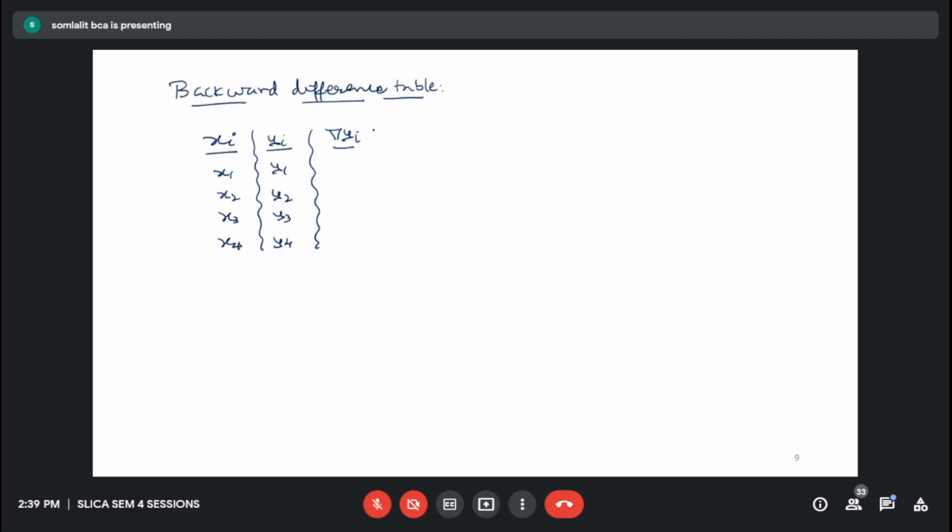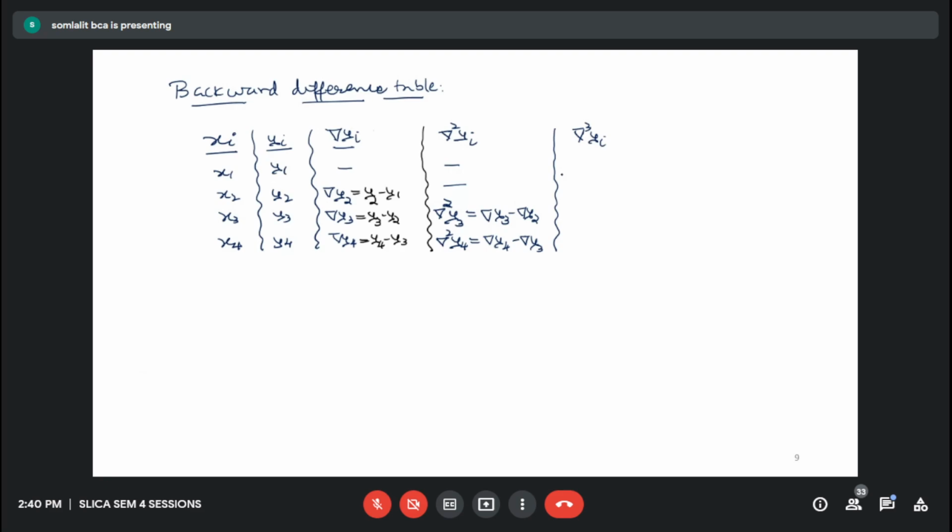Third order backward differences. If you look at this, the first three are not defined, and finally the last one is nabla square y4 minus nabla square y3, which is nabla cube y4. Last one: y1, y2, y3 are not there in this case.